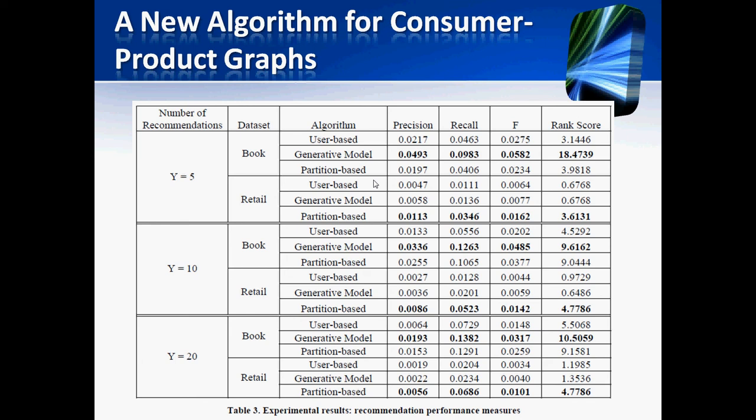But also, if you look at the bookseller data set, you'll see that every bolded one, which is the most accurate one, is the generative model. So in one case, the new partition-based algorithm made better predictions, and that was where we saw the differences in the clustering algorithm versus the recommender algorithm. So it did do some good in that case.